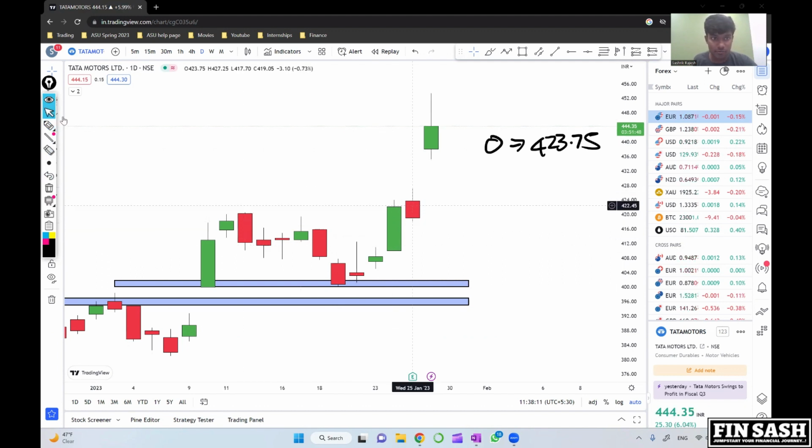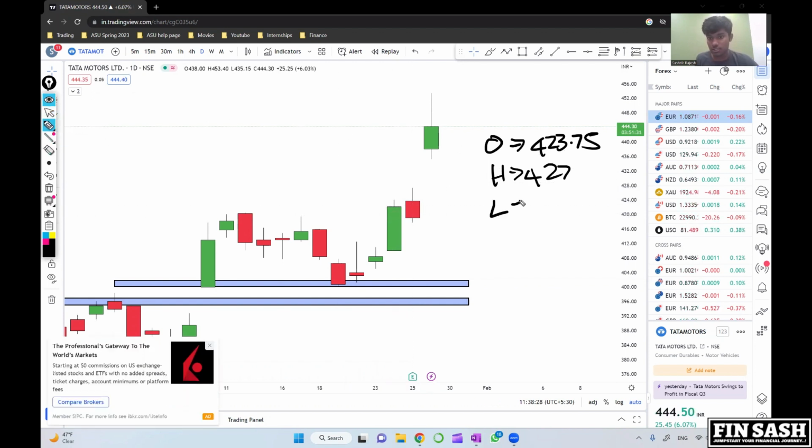It created a high of 427.25. So let's note that down really quick. So high is 427. Let's just keep it at 427. It created a low of 417 and closing is 419. So low is 417, and closing is 419. So this is for the daily time frame, right?